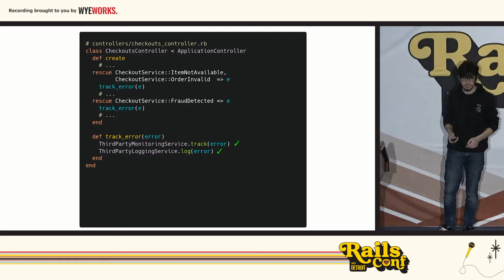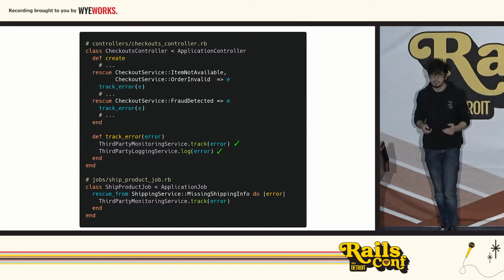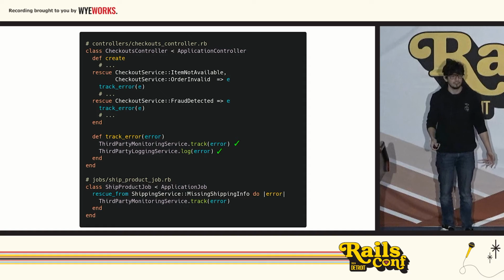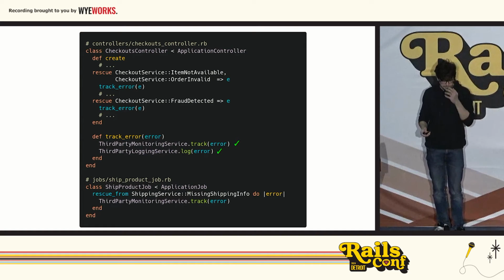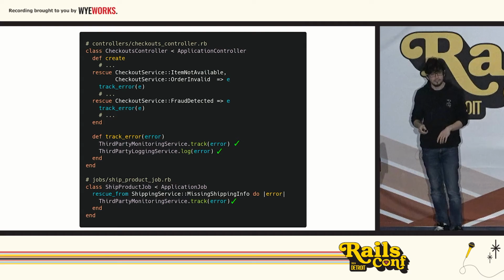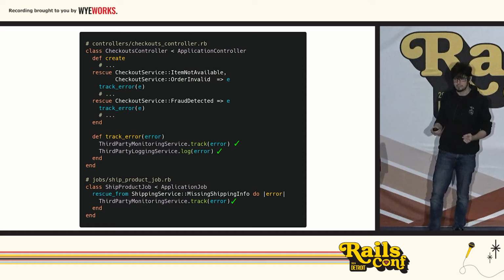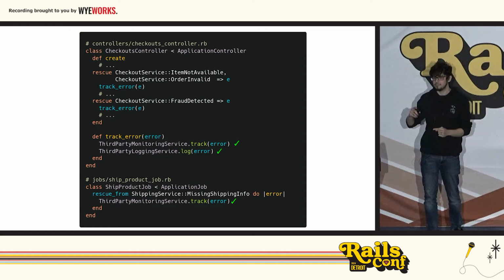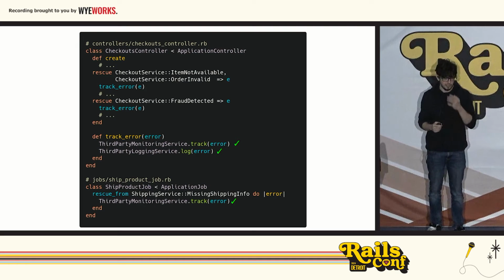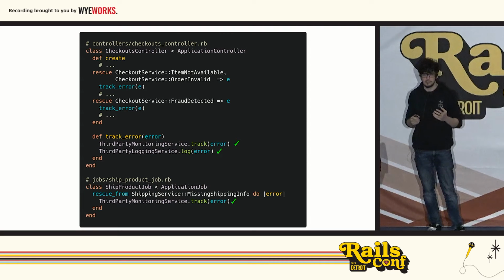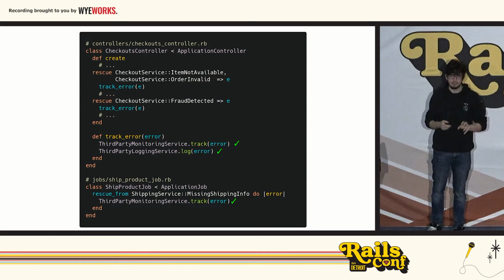And everybody's happy again. But then someday you notice in your monitoring service that for some reason you're not shipping your products. Your users are not receiving their products. Then you remember that other time you checked your monitoring service and it told you what was happening, and you felt way more relieved because you were confident that you could go back to your logging service and everything would be there.